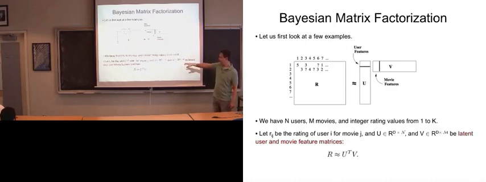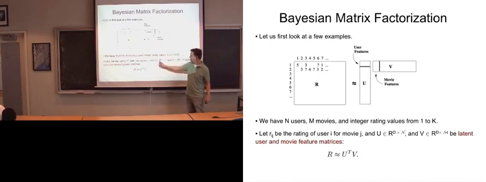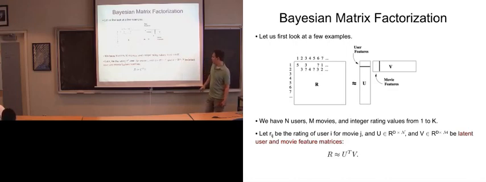Let's suppose that R sub ij is the rating of user i for movie j. And we're going to have these matrices, which are of size d by n and d by m. Here n and m are the number of users and number of movies, and d is some low-dimensional representation.